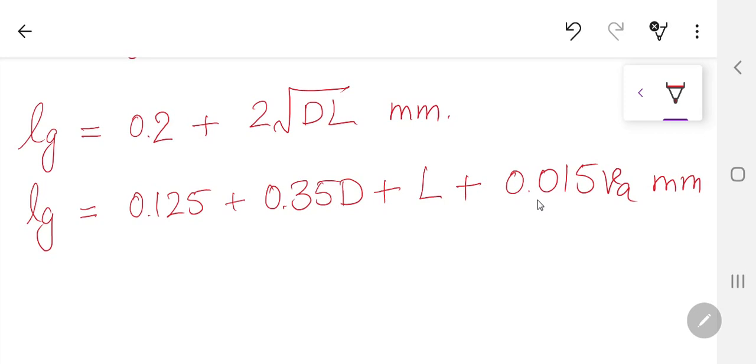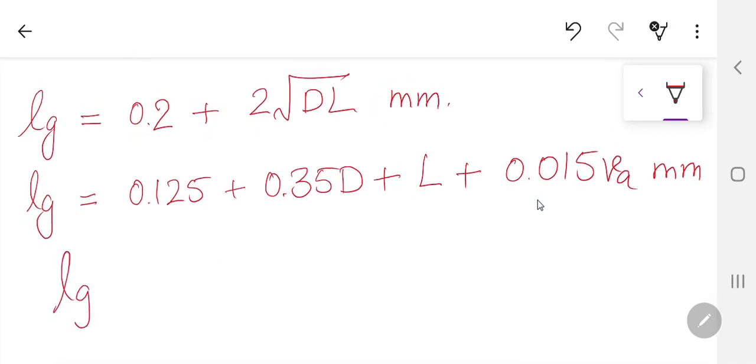A peripheral velocity approaching 30 meters per second, or even beyond that if you are using specialized material, will certainly make the rotor a little bit shaky. For that shaky rotor, you have to have a larger air gap length, so that it can maneuver itself and have no problems while rotating inside the stator.